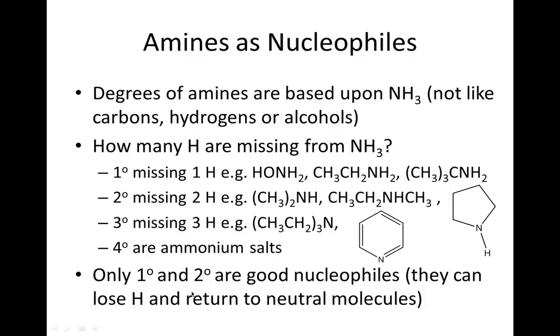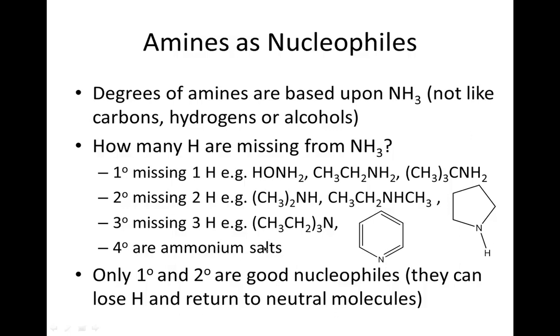And we're interested in this chapter in talking about amines as nucleophiles. The primary and secondary amines are good nucleophiles because subsequently they can lose a proton, a hydrogen as a proton, and go back to a neutral state. Tertiary amines can't, they don't have anything to lose that's easy like that, so they don't make good nucleophiles.